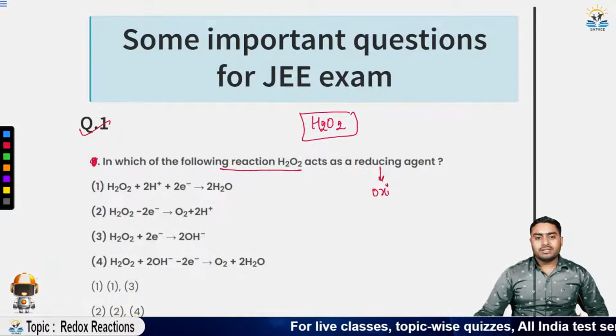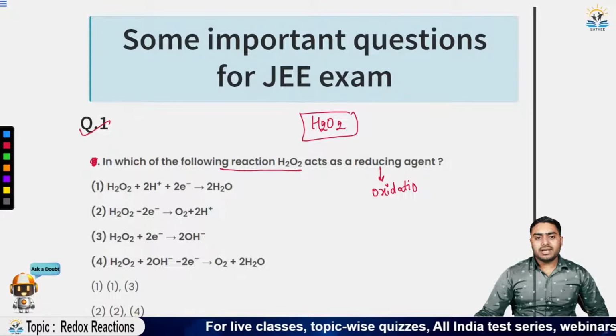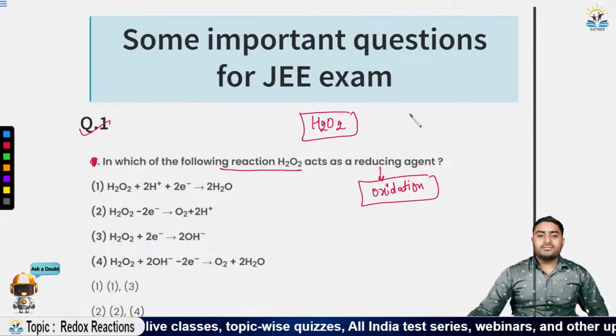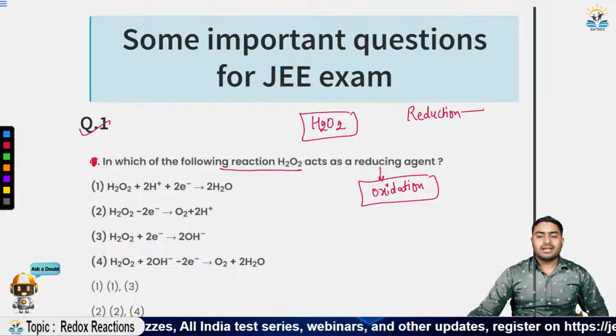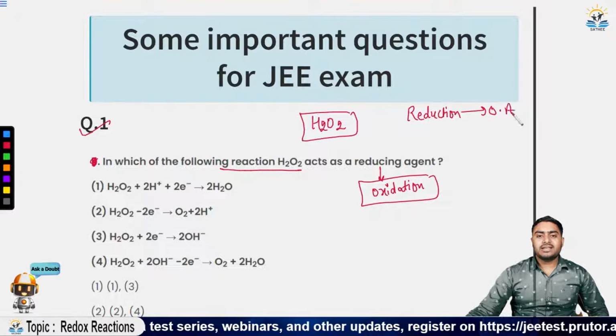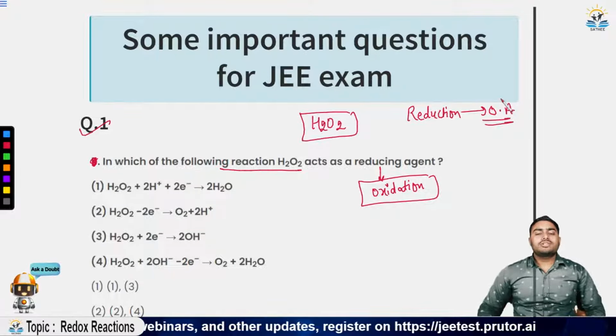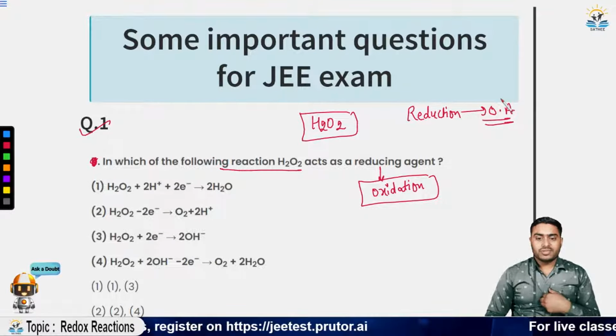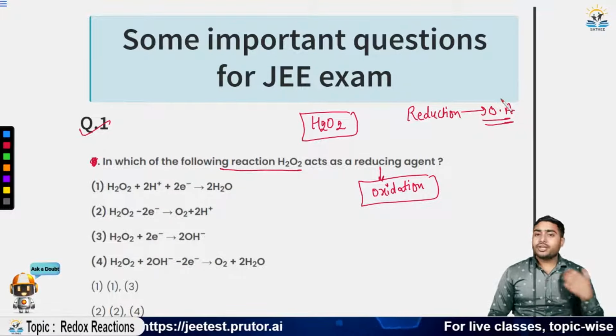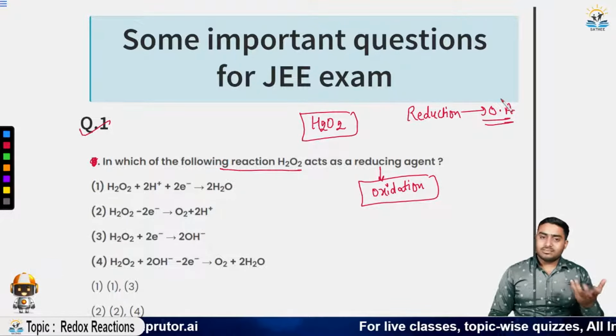So for a reducing agent, you have to find the species that is undergoing oxidation. If a species is undergoing reduction, it is known as an oxidizing agent, because oxidizing agents oxidize others and are themselves reduced, and reducing agents reduce others and are themselves oxidized. That's the point.